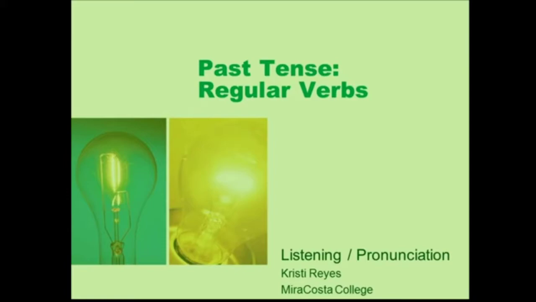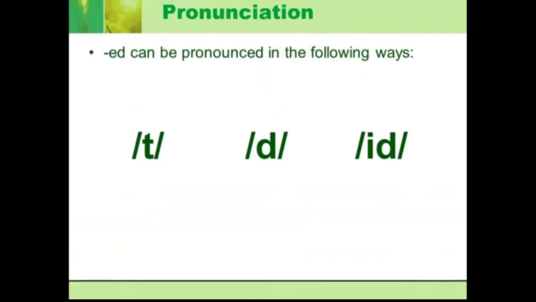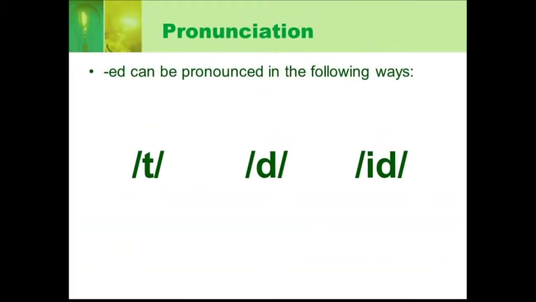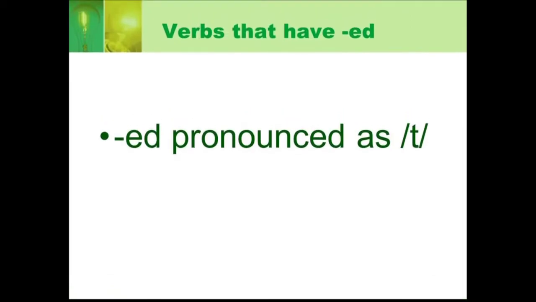Past tense, regular verbs. Listening and pronunciation with Christy Reyes from Miracosta College. Pronunciation. ED can be pronounced in the following ways: t, d, id. First, ED pronounced as t.